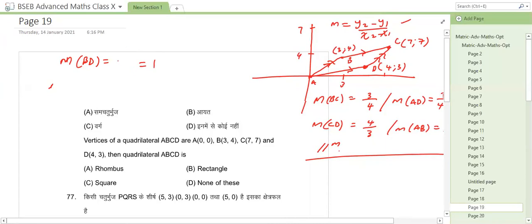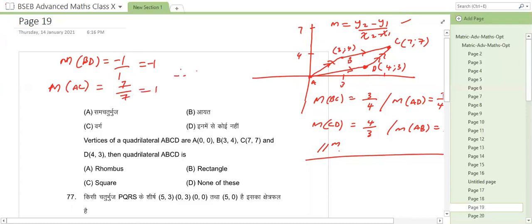Gradient of BD is -1/1, in other words, we took 3 minus 4 over 4 minus 3, which is -1. And then the gradient of AC is equal to 7/7, which is equal to 1.